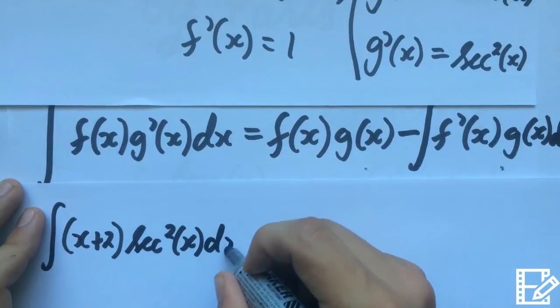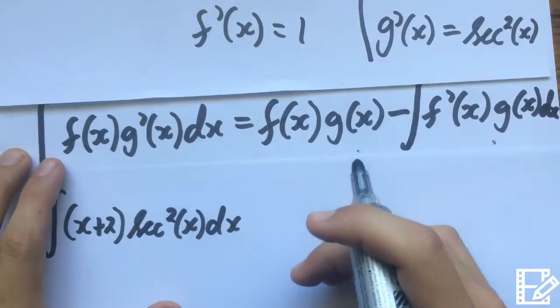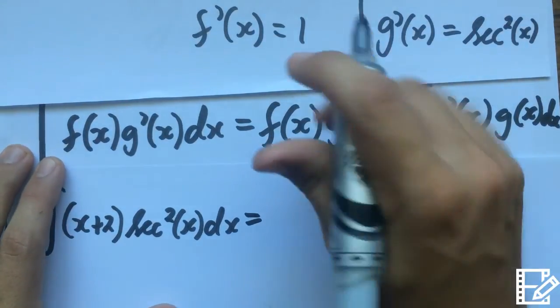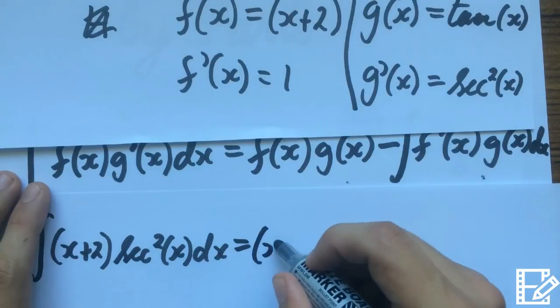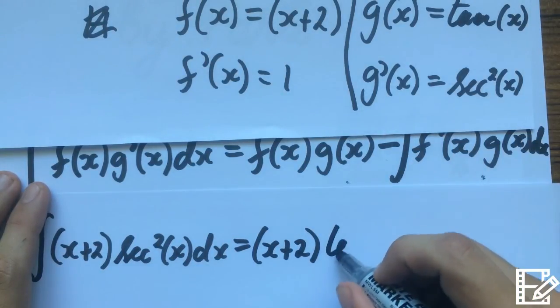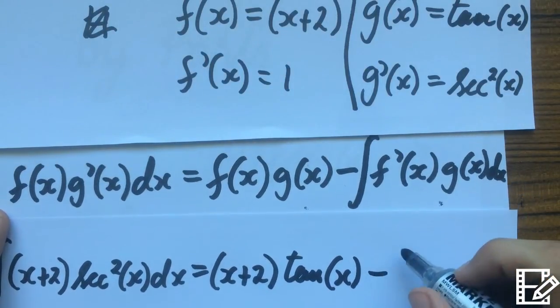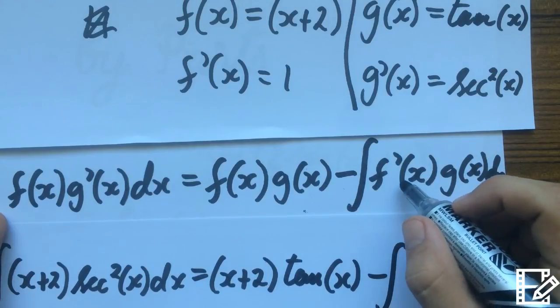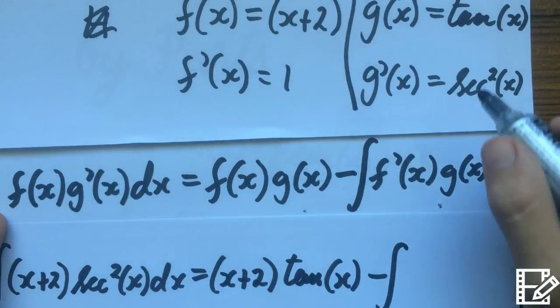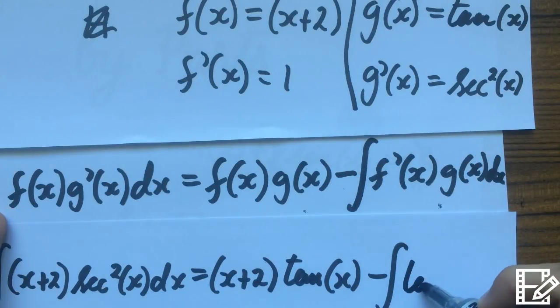Now we know that looks very familiar because that's what we got up top. Now, this equals f(x), x plus 2, multiplied by g(x), tan x, subtract the integral: the derivative of f(x) is 1, g(x) is tan x, so tan x multiplied by 1 is just tan x dx.